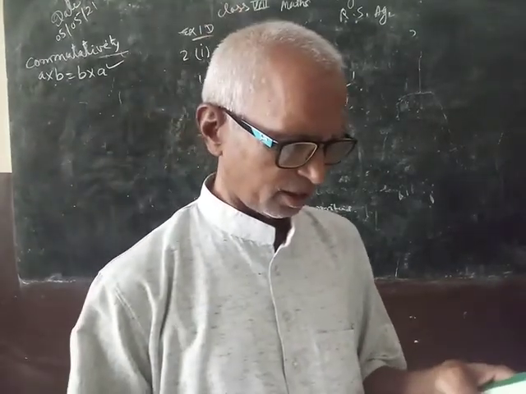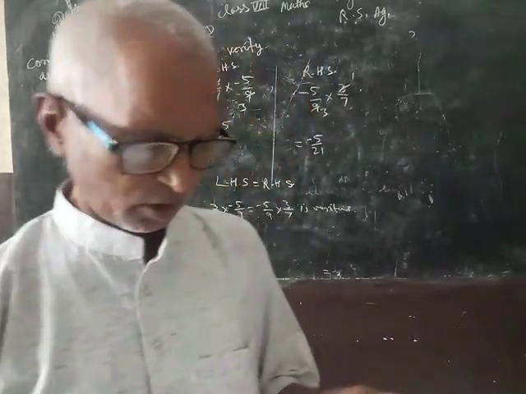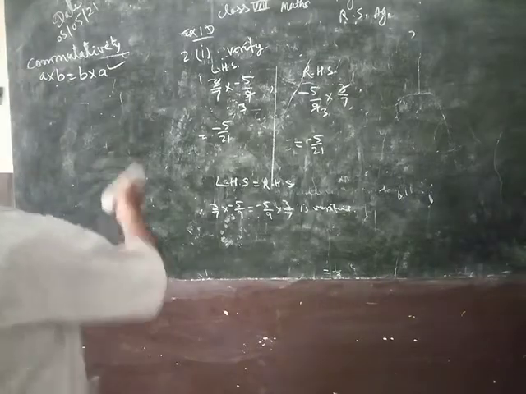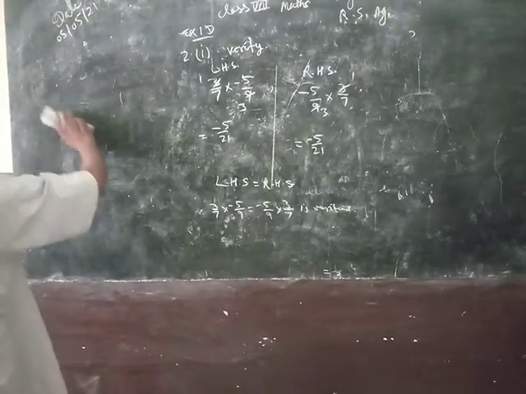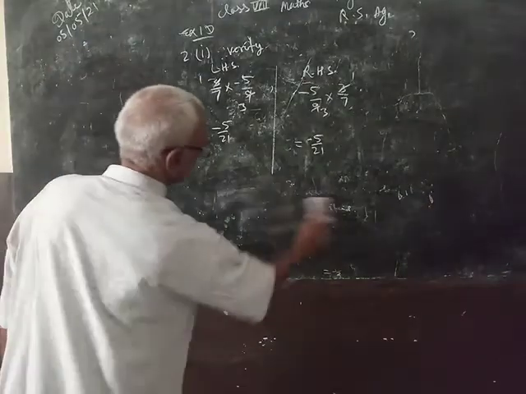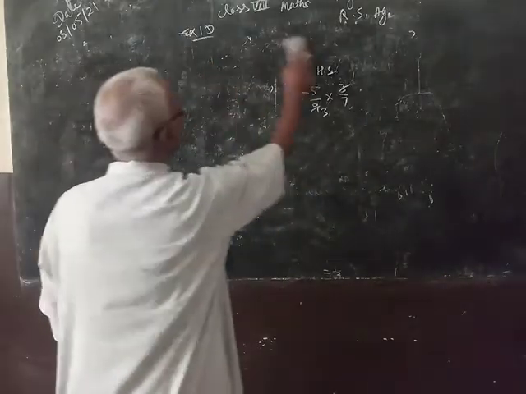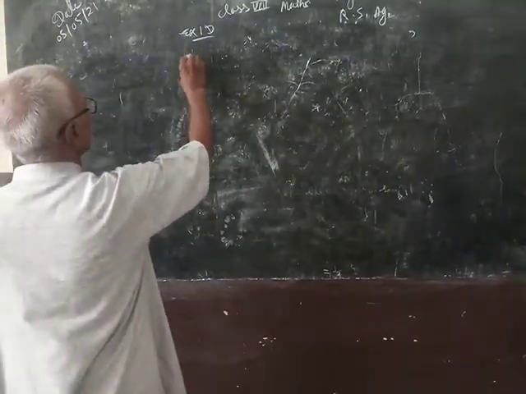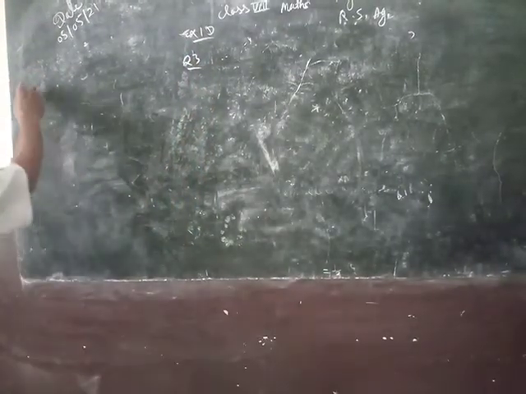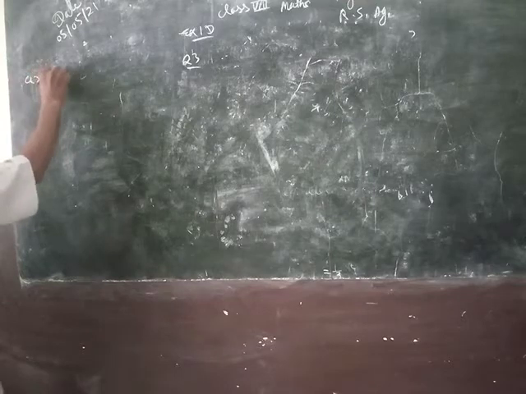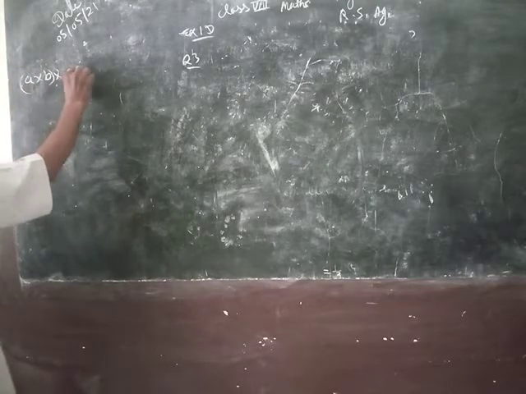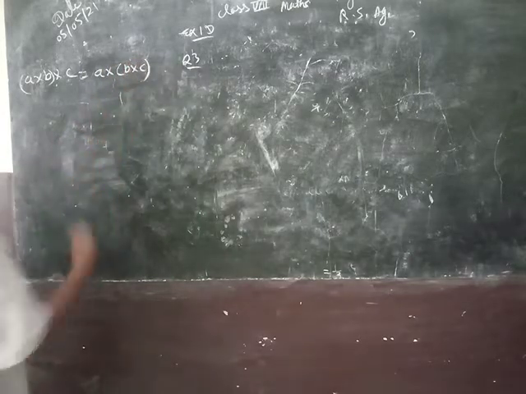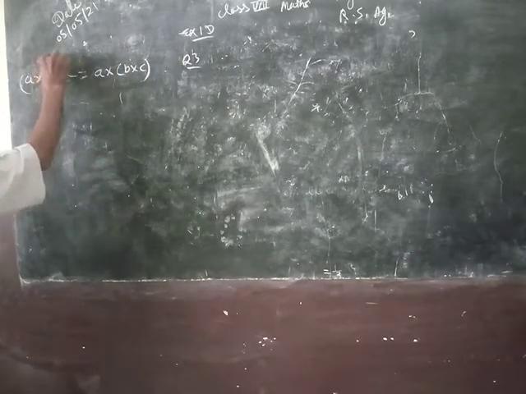Question number 3 is on the associative property of multiplication. What is that? I will tell you. Associativity of multiplication states that A into B into C is equal to A into B into C. It is associativity.